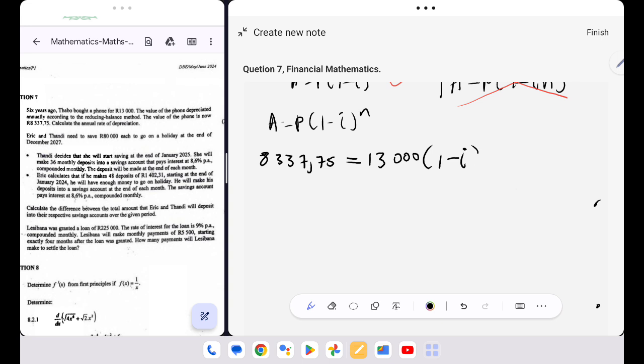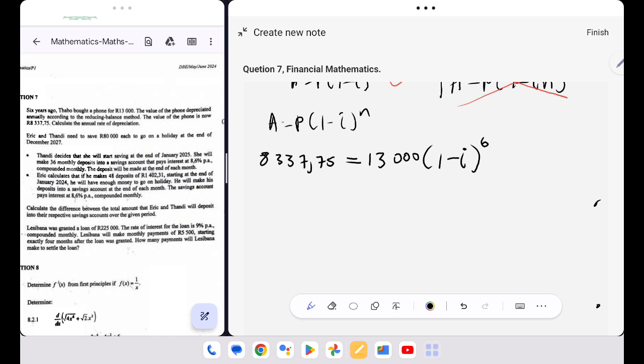We don't know the value of i, but you know that this happened for 6 years. This is our main objective: we want to solve for i. That simply means we must remove everything and be left with i alone on one side.